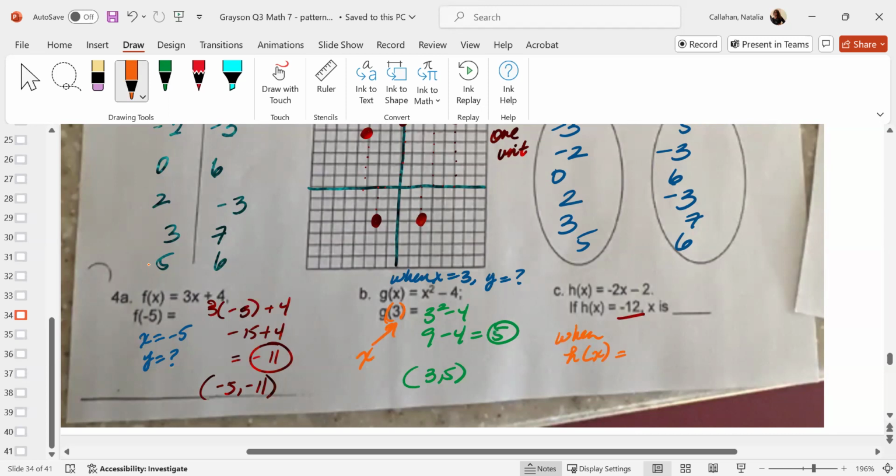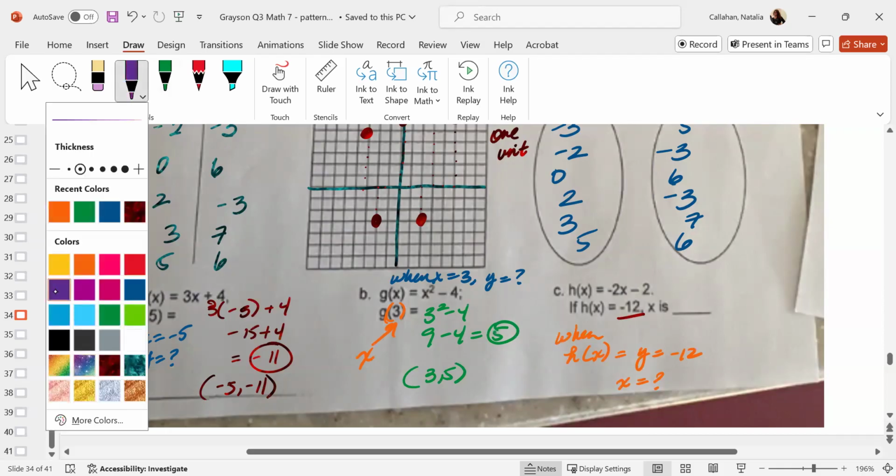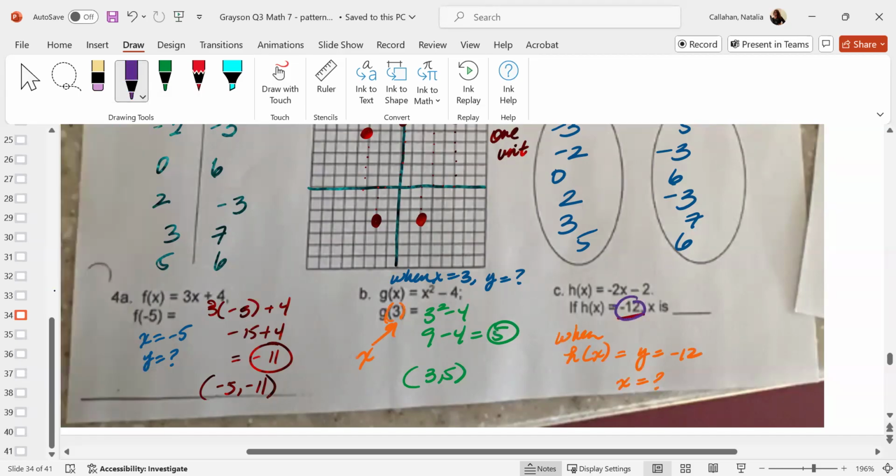H of x is -12. What is h of x equal to? Y. So you got to be careful with this. Do you understand? X is always in the parentheses. So when y equals -12, what are you trying to find? X. So what you do is you take this number here, you put it in right there.